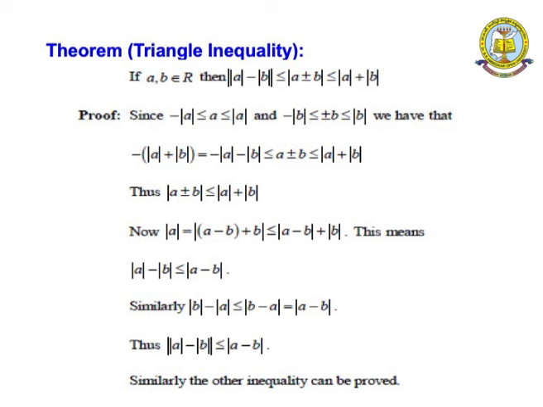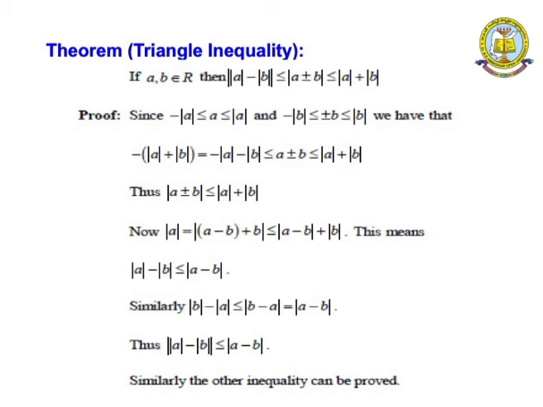Mod a equals mod of a minus b plus b. Here I am adding and subtracting b. So mod a equals mod of a minus b plus b, which is less than or equal to, if you split the mod, the equality becomes an inequality, mod of a minus b plus mod of b.